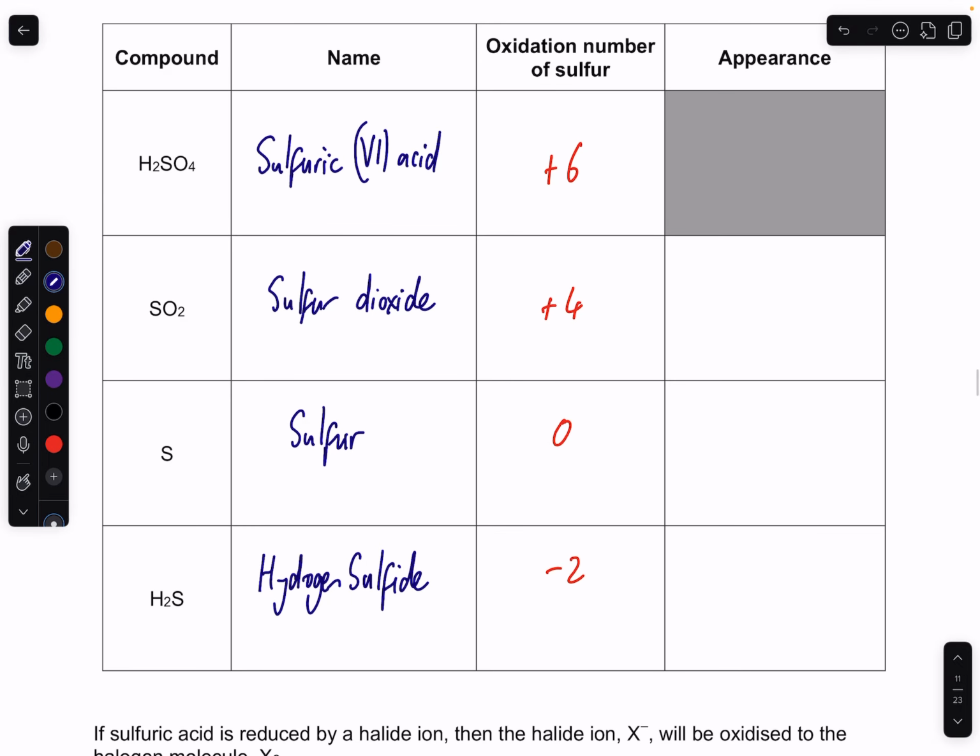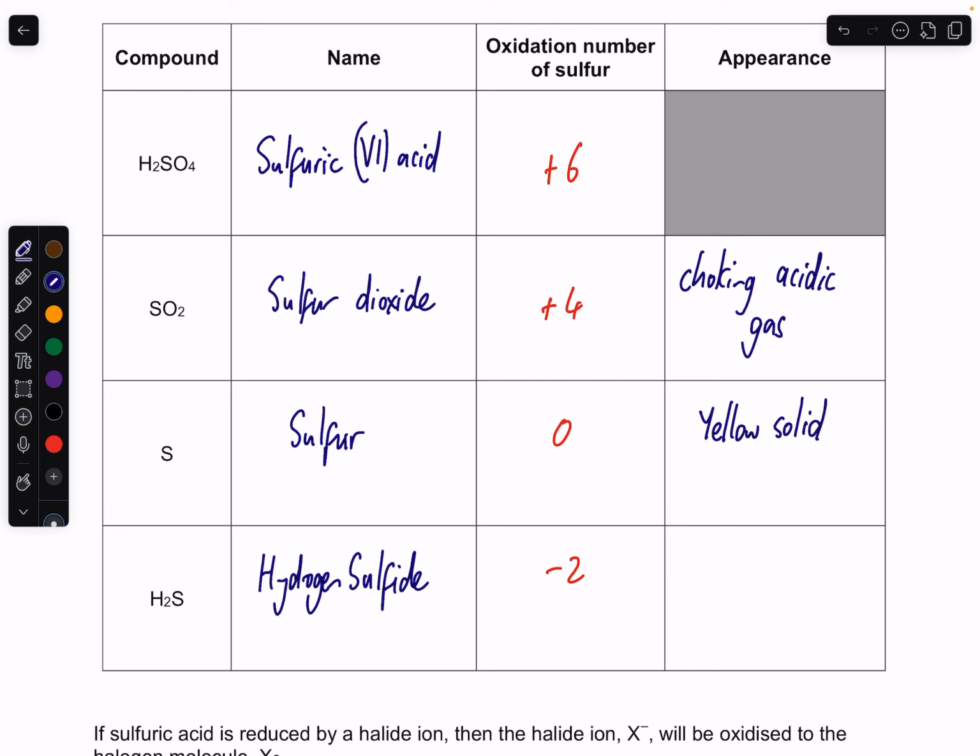So good. We've got +6, +4, 0 and -2 as the different oxidation states of sulfur, from sulfuric acid down to hydrogen sulfide. So sulfur dioxide, the oxidation state of sulfur is +4, and sulfur dioxide is a choking acidic gas. And then sulfur is a yellow solid.